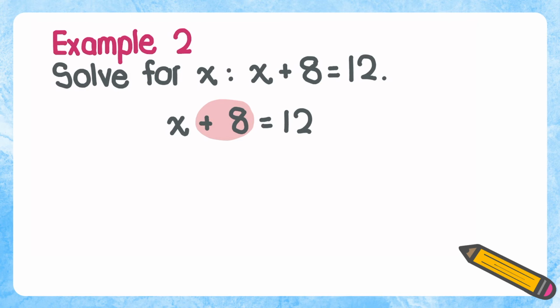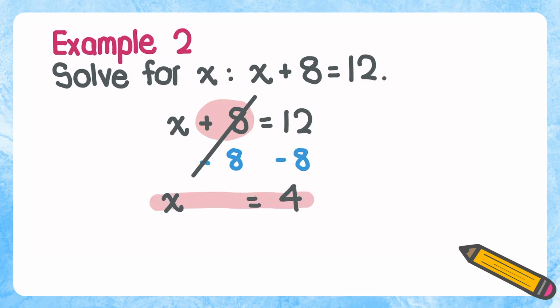So what's the opposite of adding 8? It would be subtracting 8. And remember, I'm going to do this on both sides to make sure the equation is still balanced. Now we can remove the plus 8 because 8 minus 8 is going to cancel out. And so on the left side, we are left with x, and on the right side, we have 12 minus 8, which equals 4. So our final answer is x equals 4.